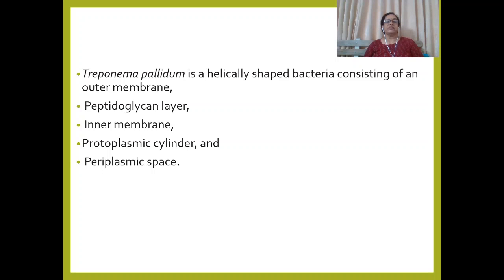Treponema pallidum is, as you know, helically shaped, and here the outer membrane consists of a peptidoglycan layer, like gram-negative microorganisms. One inner membrane is present. The inner portion of it is nothing but a protoplasmic cylinder with periplasmic space.